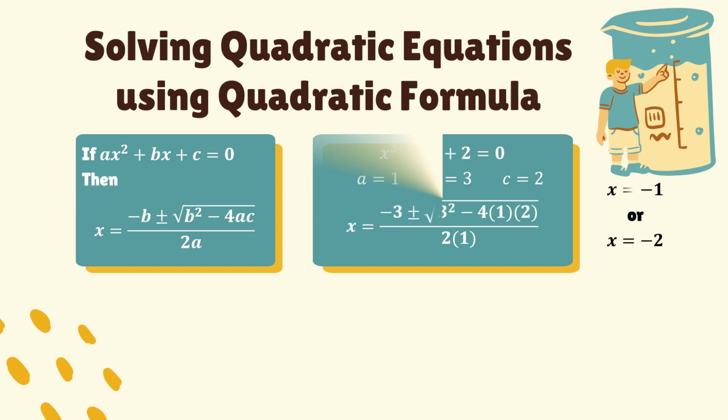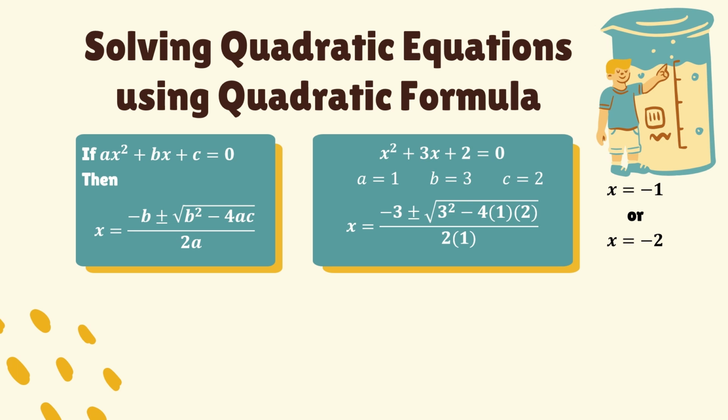Okay, so for example, we have this equation, x squared plus 3x plus 2 equals 0. So first we have to decide which is a, b, and c. a is the coefficient of x squared, so we've got a equals 1. b is the coefficient of x, so we've got b equals 3.